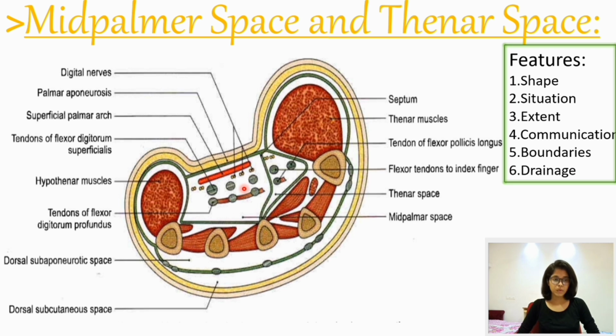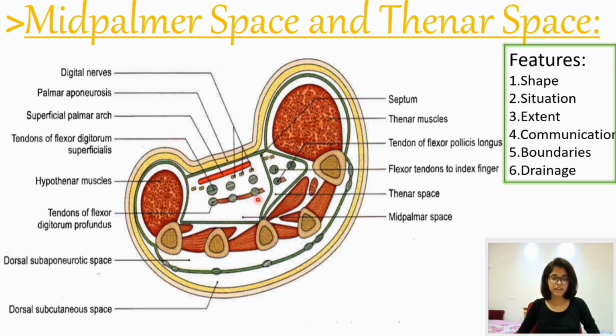Next, coming to boundaries. So the anterior boundary of mid-palmar space is formed by the flexor tendons of third, fourth and fifth digits. Here you can see this is the flexor tendon of FDS and the lower one are flexor tendons of FDP muscle.